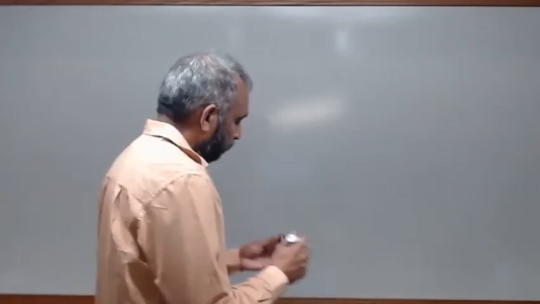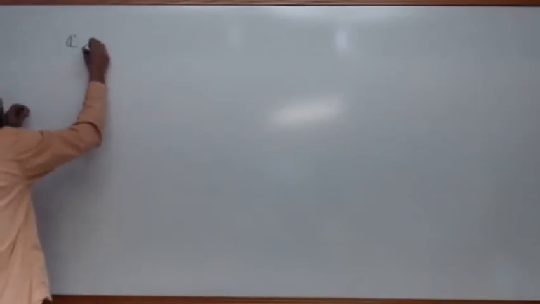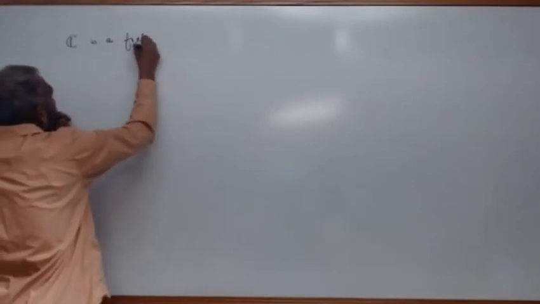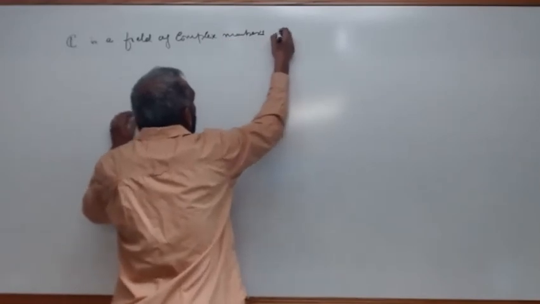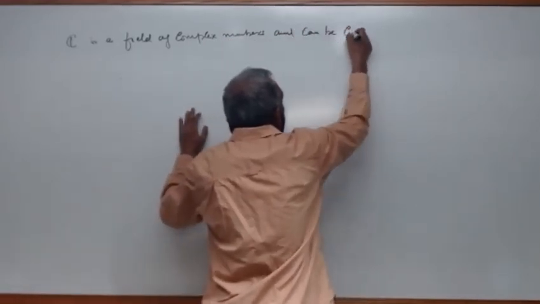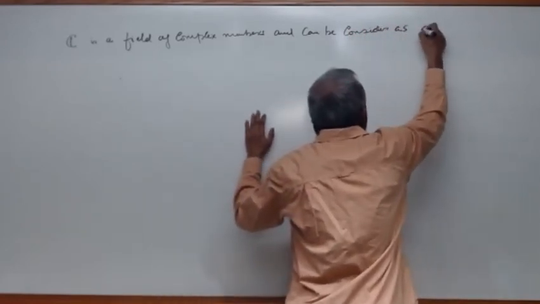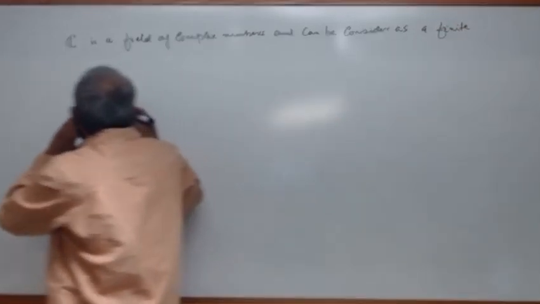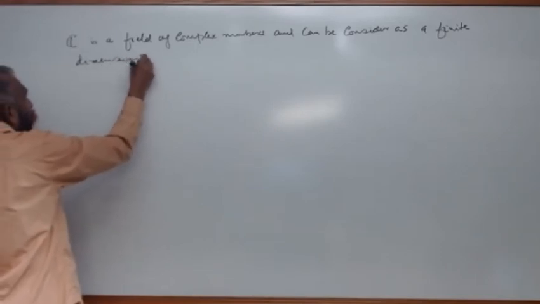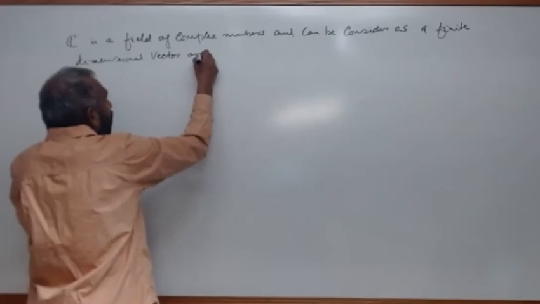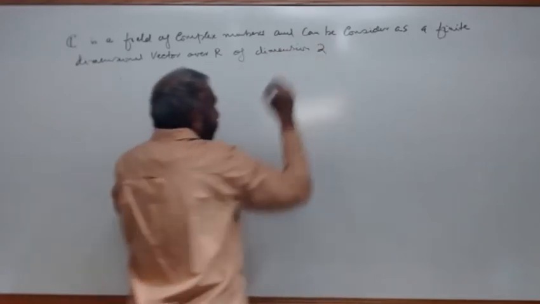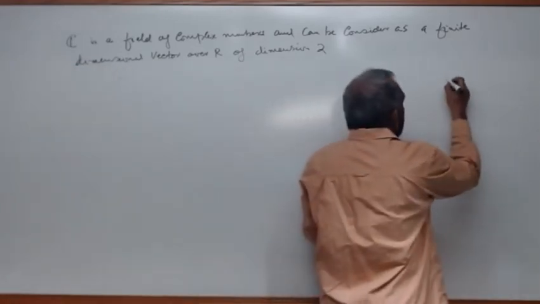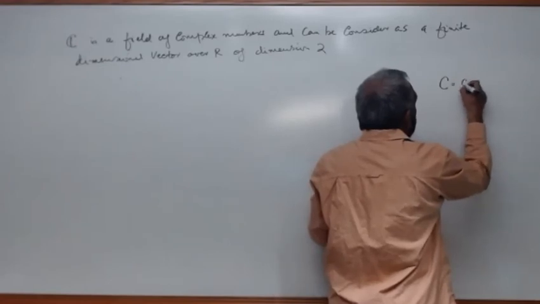We'll do one more example. C is the field of complex numbers, and it can be considered as a finite dimensional vector space over R of dimension 2, because any element of C can be written as a plus bi.